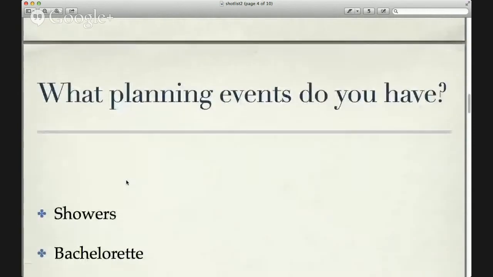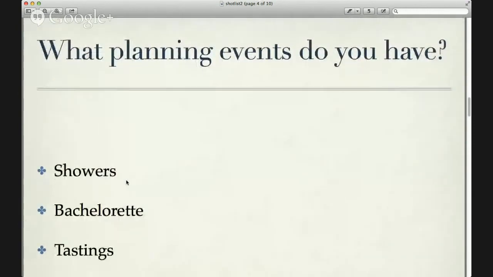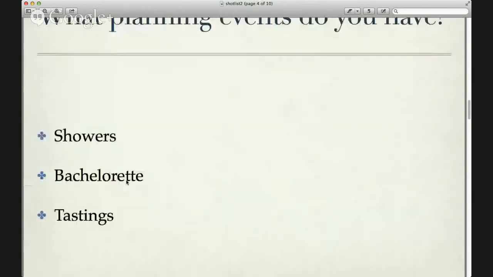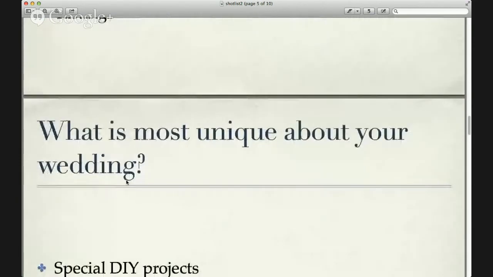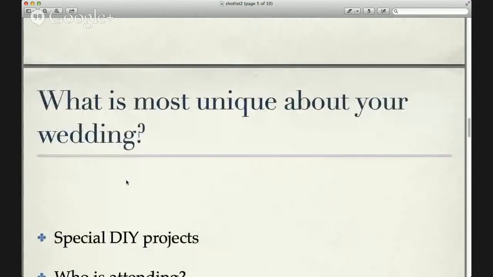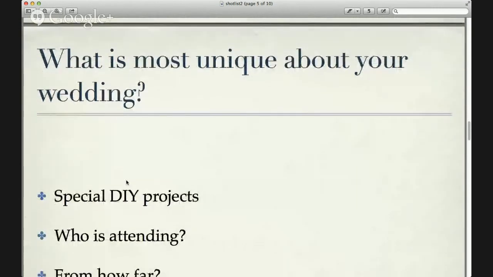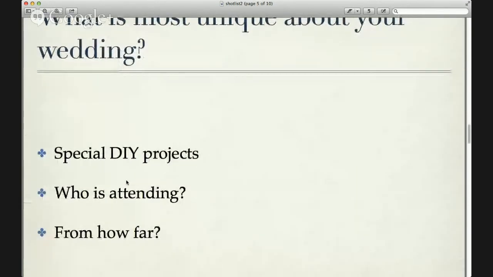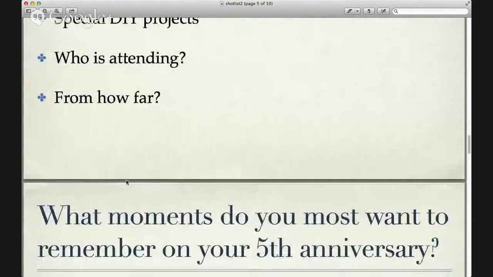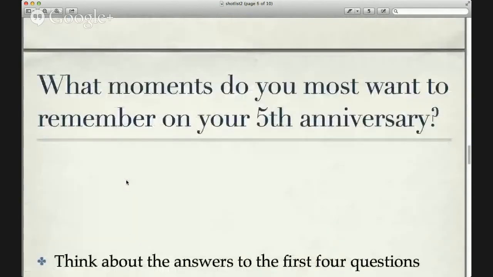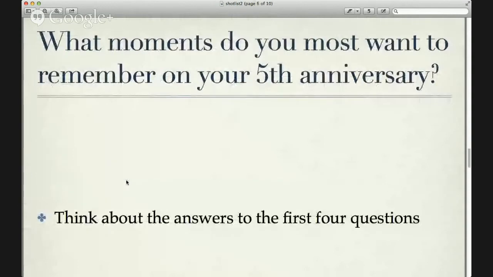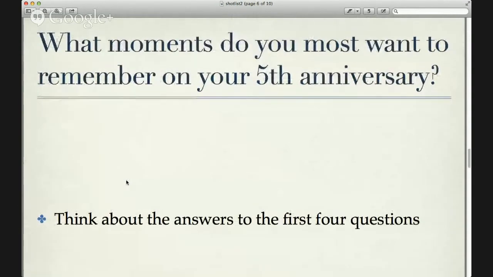So that would be way pre-wedding, the showers, the bachelorette. And what is most unique about your wedding? So when you close your eyes and you picture it, and then you picture yourself on the couch on your 5th anniversary, and maybe you have a couple kids on your lap, what is it you want to show them? What do you want to remember? What stories do you have about your wedding? That's what you want to be in your shot list.